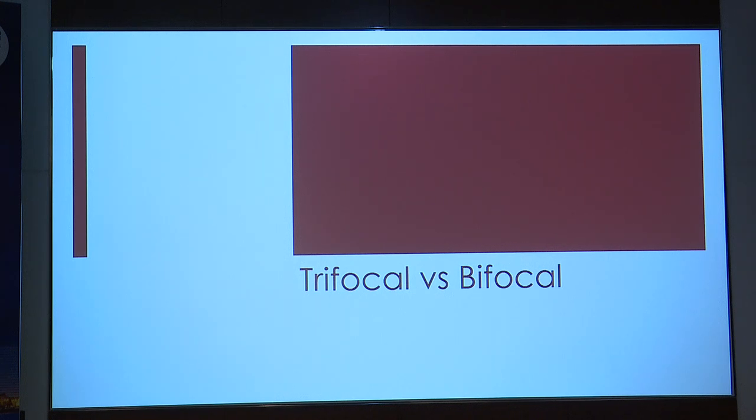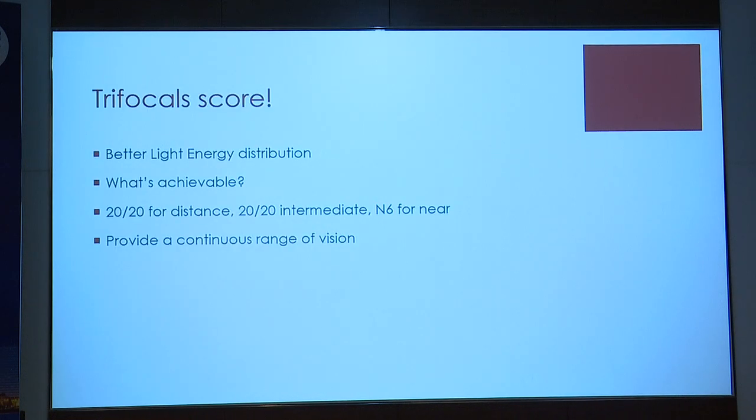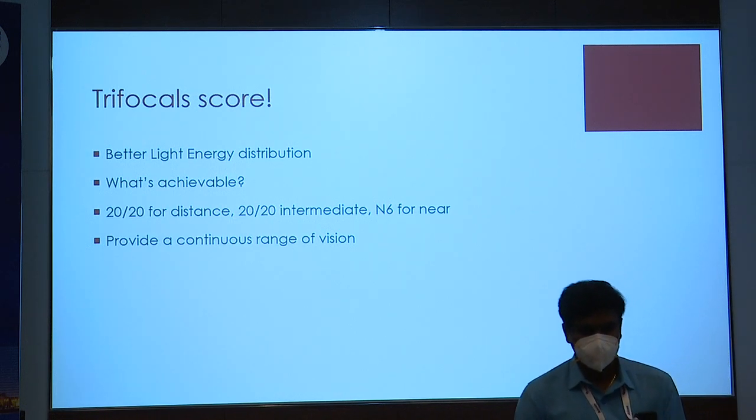Again, when we look at the multifocals today, I don't know how many of us still consider just the bifocal lenses. With trifocals coming into the market, being able to provide an intermediate focus for intermediate vision, we get a continuous range of vision, which is very good because almost 80 to 85% of all our near activities take place at 60 centimeters.